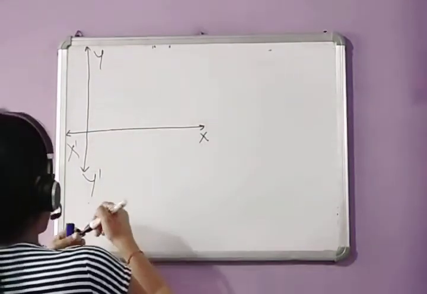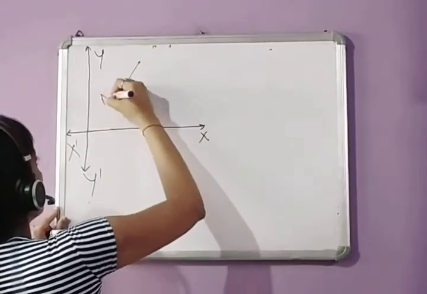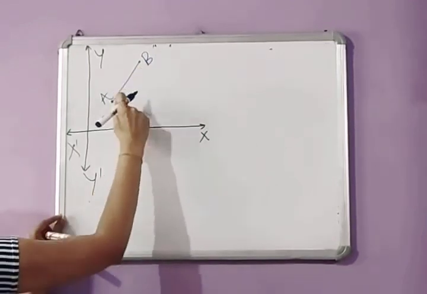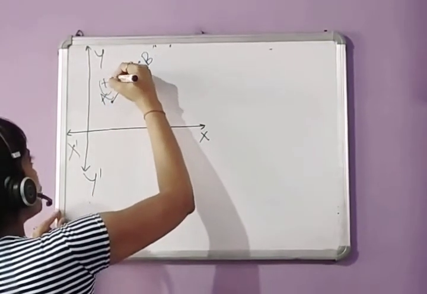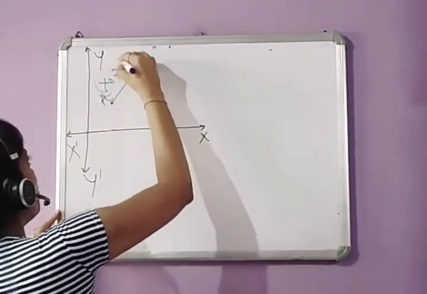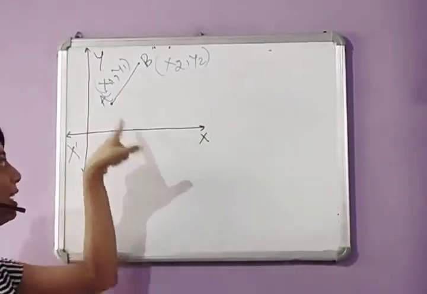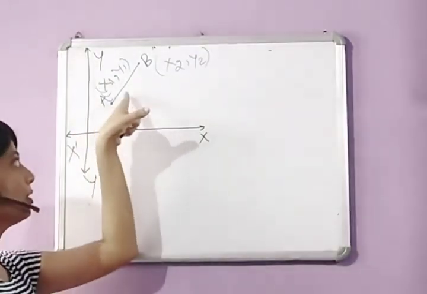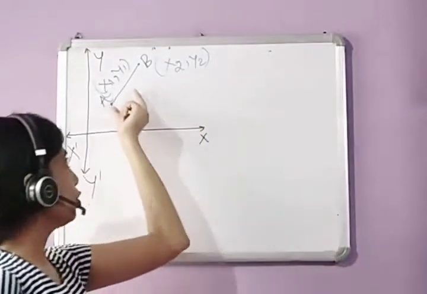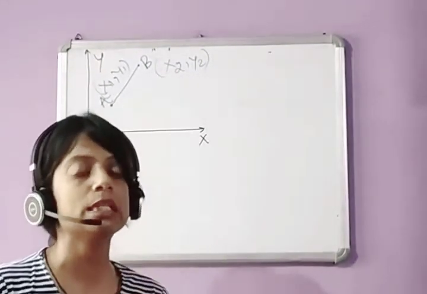If I want to find the length of this line which has the coordinates (x1, y1) and (x2, y2), this line is not lying on the axis and is not parallel to the axis. So how will I find the length of this line? We will find it by using the distance formula.